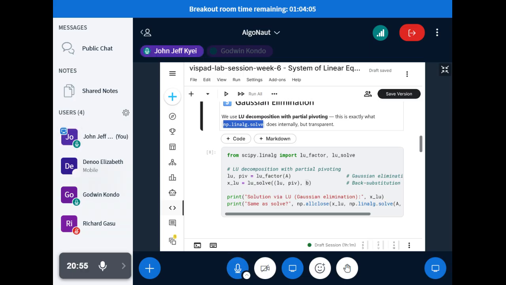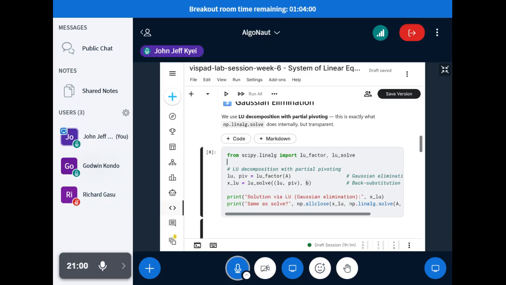Okay. So here we have our LU factor. There are some imports over here: we import linalg from SciPy, because we wanted to use the lu_factor function and the lu_solve function. This lu_factor from SciPy is going to perform an LU decomposition on the matrix A using partial pivoting.